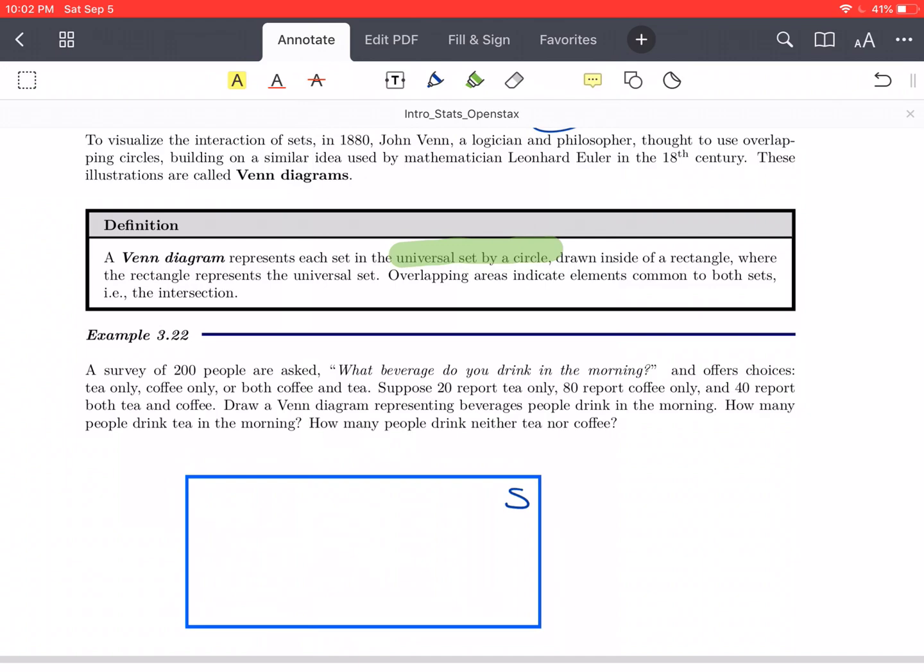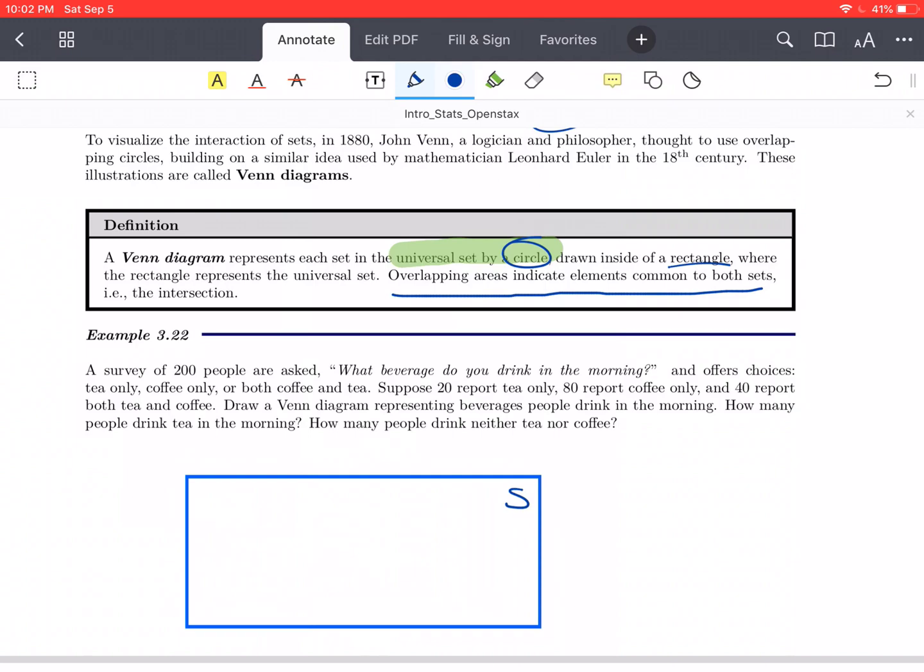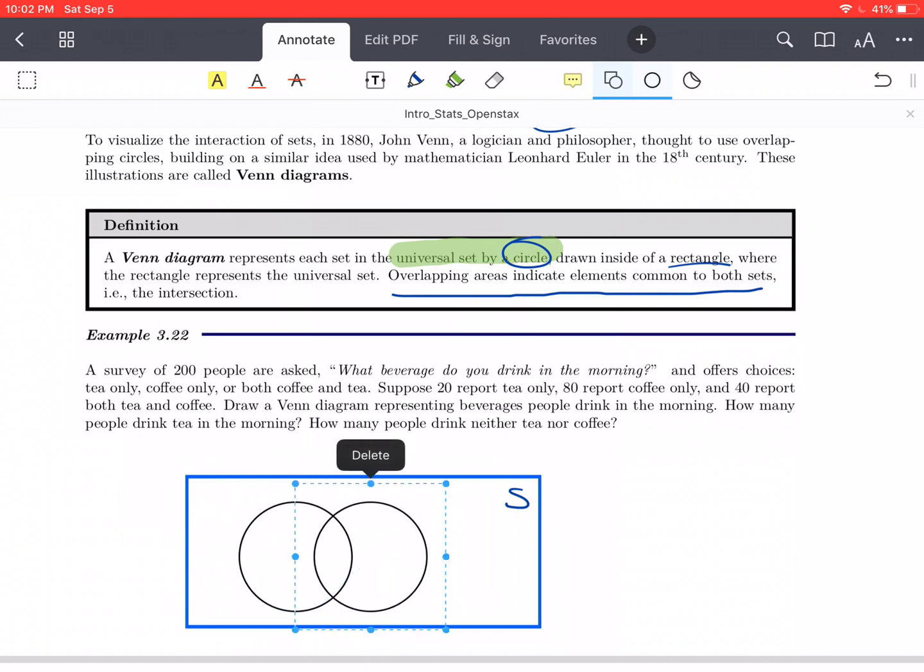And then within that rectangle, we're going to be drawing circles representing different events that occur, or different sets. Overlapping areas indicate elements in common with both sets, so the intersection. So, for this Venn diagram, I'm just going to get it drawn here, and then we'll actually read the question so you can see what we're doing.